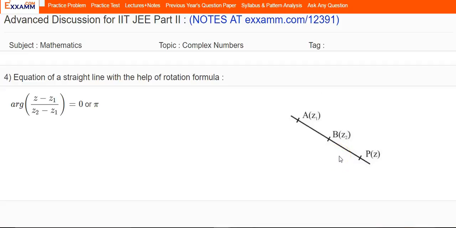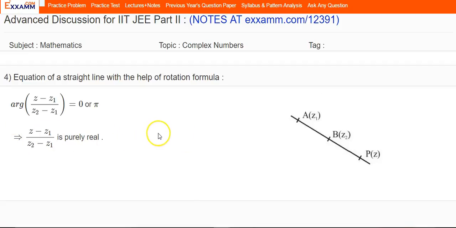What does it mean? If the argument of a complex number is 0 or pi, then that number is purely real. When it is purely real, this complex number, which in this case is (z minus z1) upon (z2 minus z1), would be equal to its conjugate. Suppose this number was equal to alpha plus i beta.